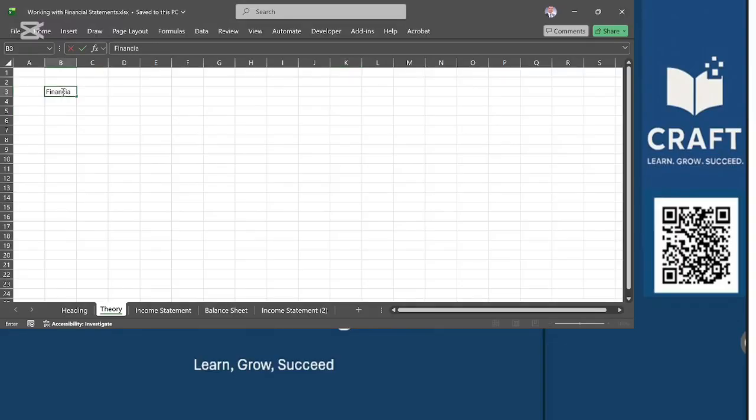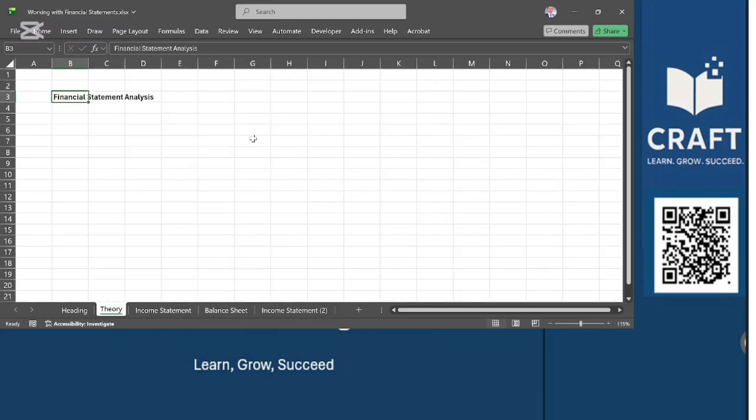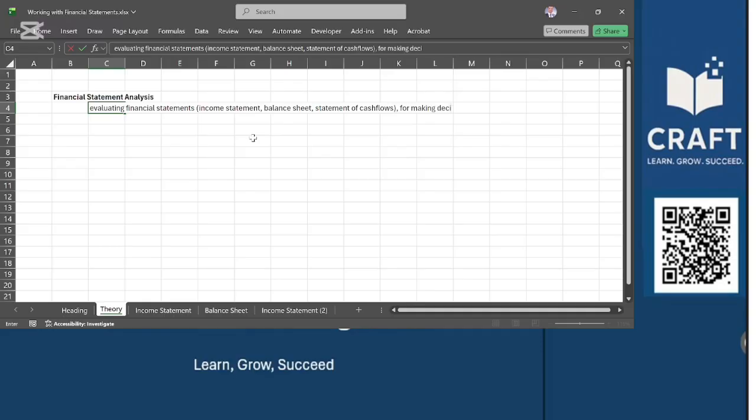Financial statement analysis. By financial statement analysis, we mean evaluating financial statements. When I'm talking about financial statements, we talk about the income statement, balance sheet, statement of cash flows, and so on, for making decisions.